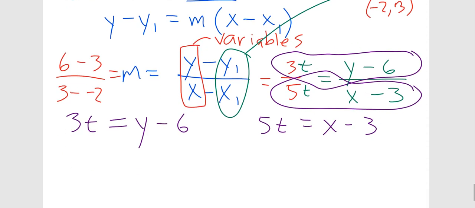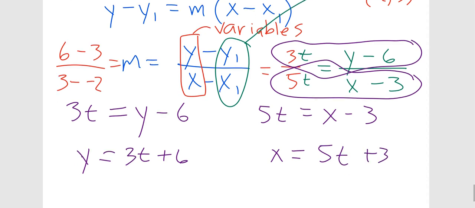Now, solve each equation, this one for y and this one for x. So what is the parametric equation for the y? 3t plus 6. Thank you very much. What about for x?